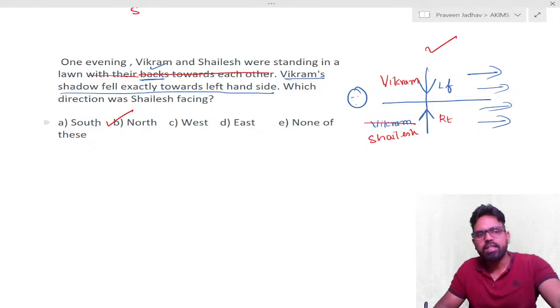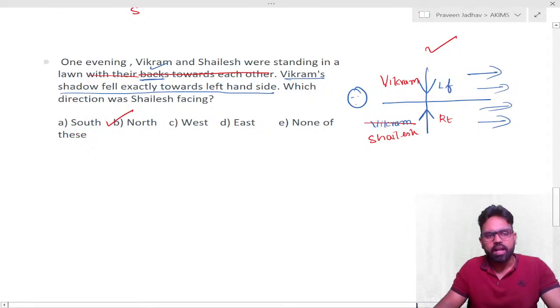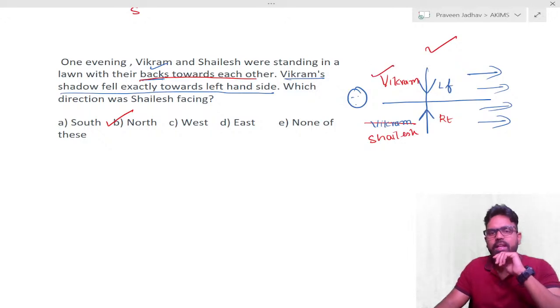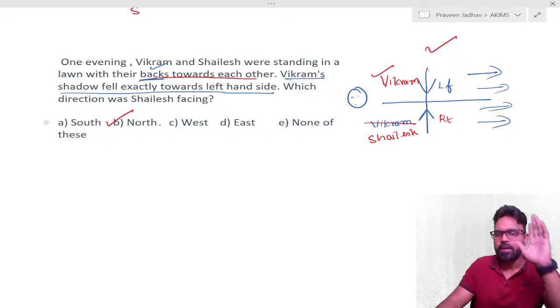But here in this case, whatever they are doing, they are doing back to back. Whatever normal answer I get, the normal answer has to be south, but the answer will be north. Getting it?